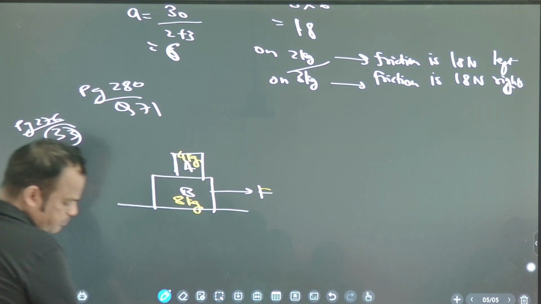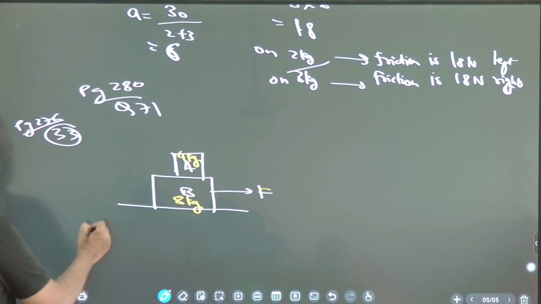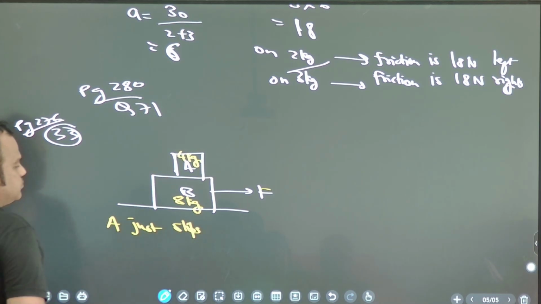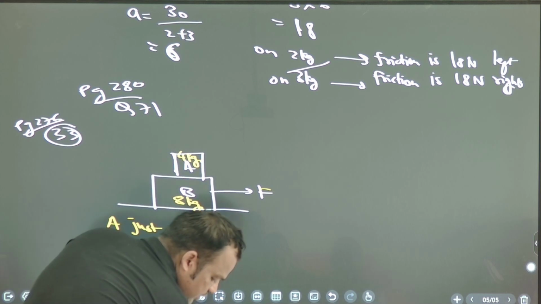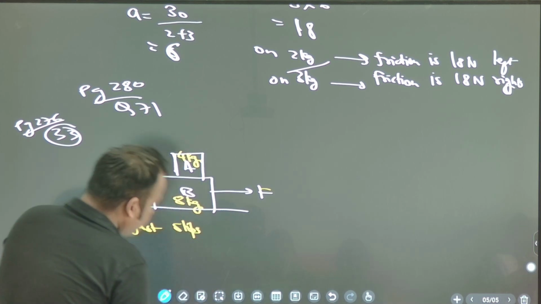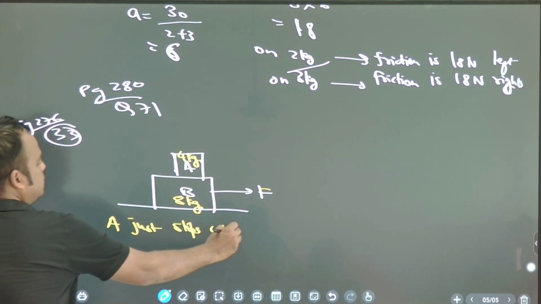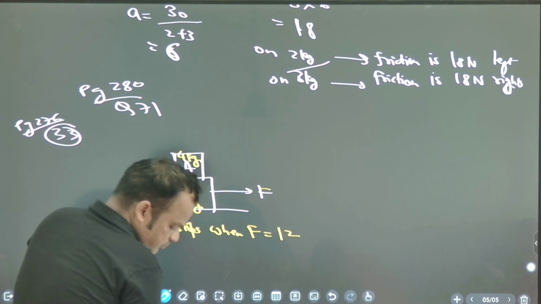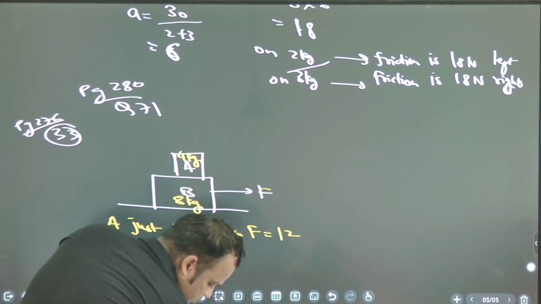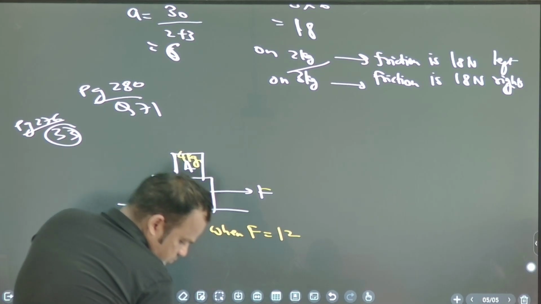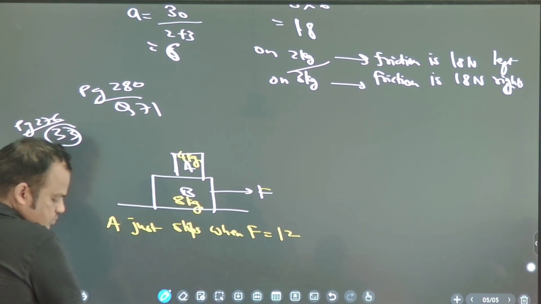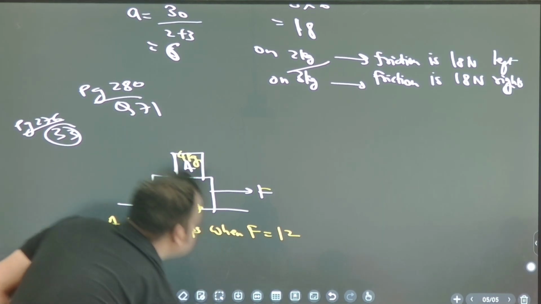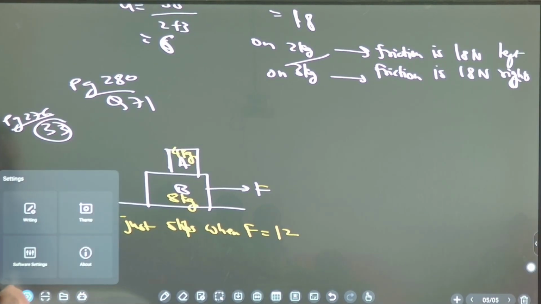A just slips. Question is written. A just slips when F is equal to 12.